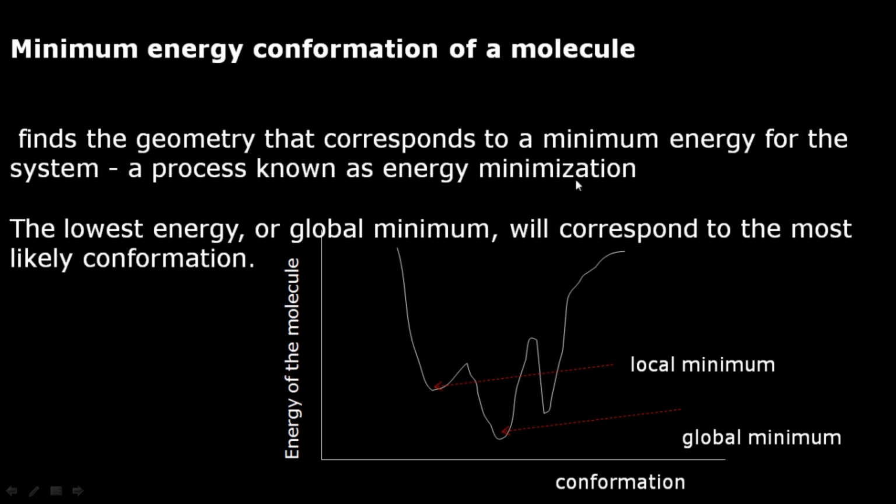You may start with one conformation, and as you change the features, bond length, bond angle, torsion, energy may be coming down, but you do not want to end up here, because this is a local minima, you want to end up here. So softwares start with different conformations and hopefully try to see whether they are able to reach the global minima. That is the biggest challenge in finding the minimum energy conformation of a molecule.